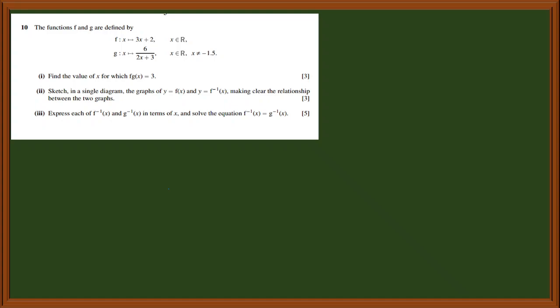The question reads, the functions f and g are defined by f such that x is mapped onto 3x plus 2, where x is an element in the set of real numbers. g is such that x is mapped onto 6 over 2x plus 3, where x is an element of real numbers and x is not equal to minus 1.5.